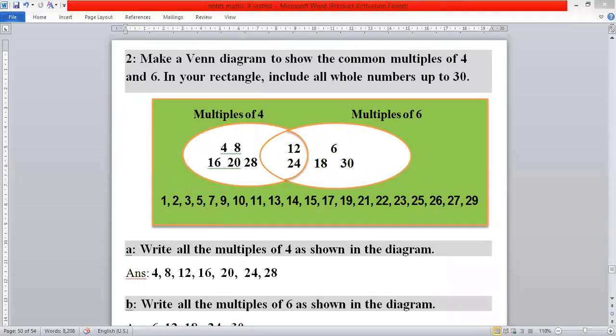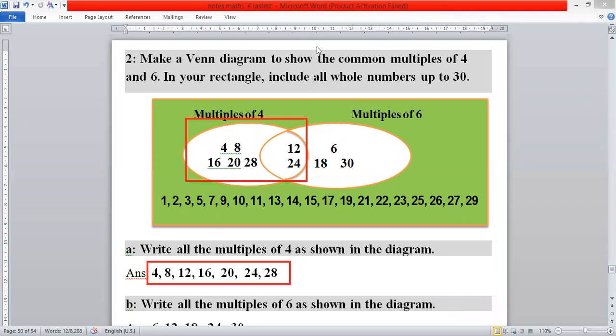The first one is: write all multiples of 4. These are all the possible multiples of 4 less than 30. So we will copy these multiples here.